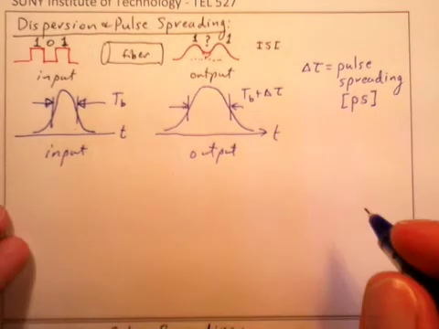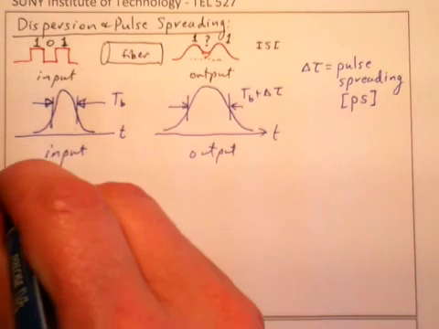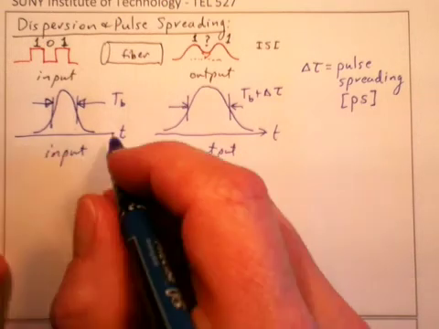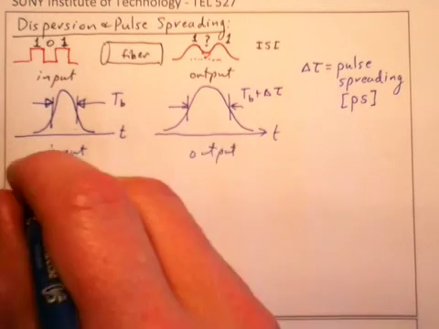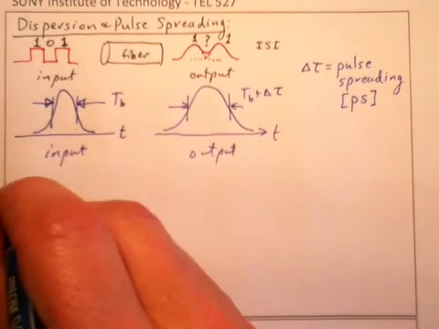The thing to notice is that delta tau is proportional to the distance traveled in the fiber. This is intuitive, and we're not going to prove it.